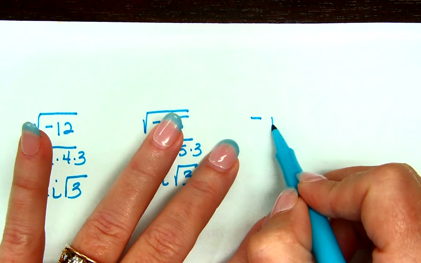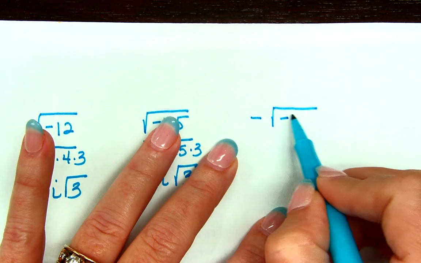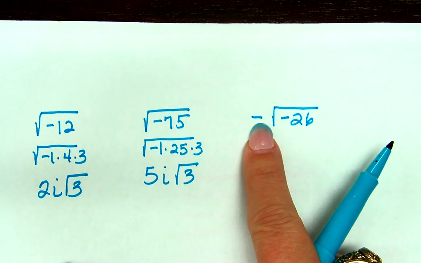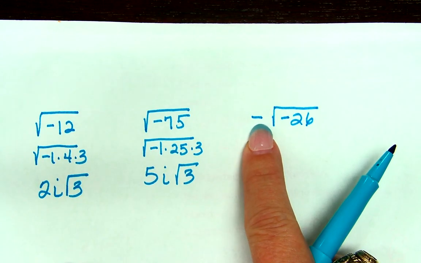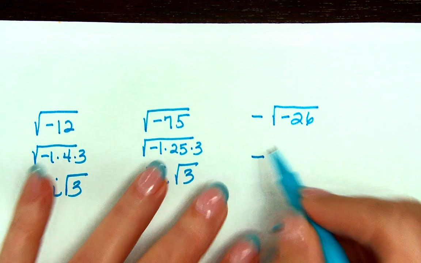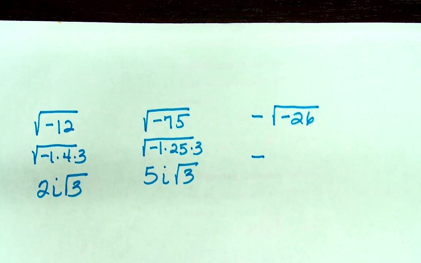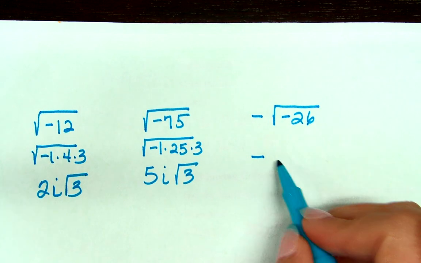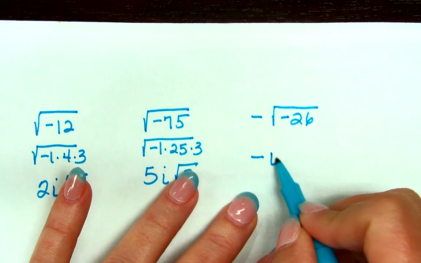Negative square root of negative 26. That's a tricky one, right? Because what do I do with this negative out here? Yeah, just ignore it, right? I just bring it down. What's the square root of negative 1? i.